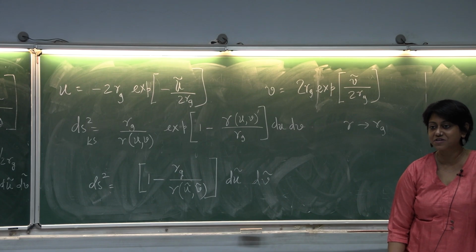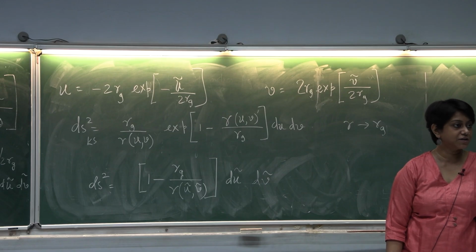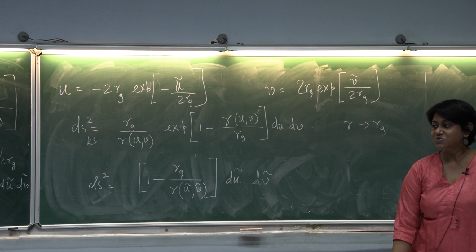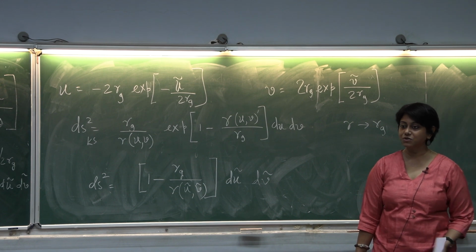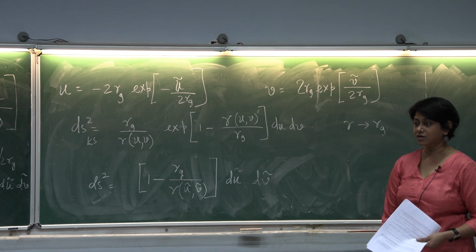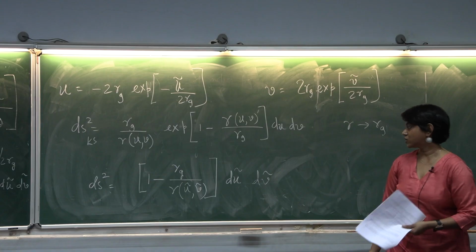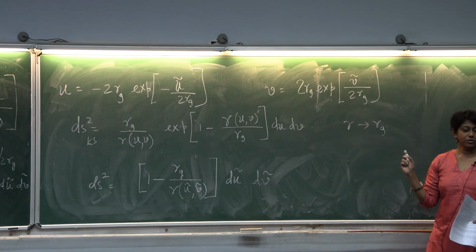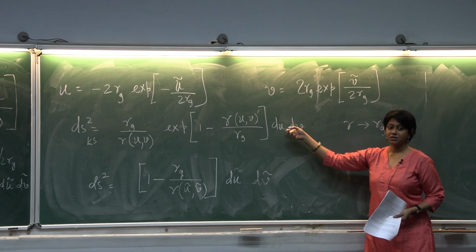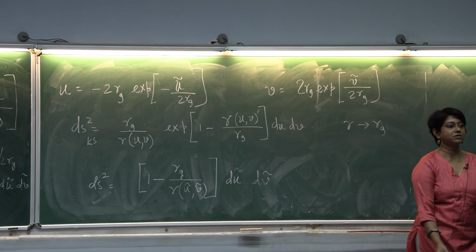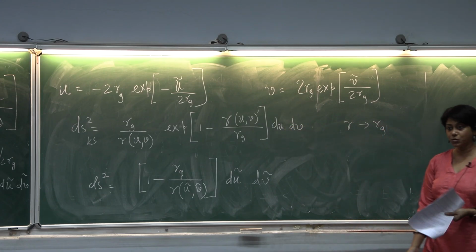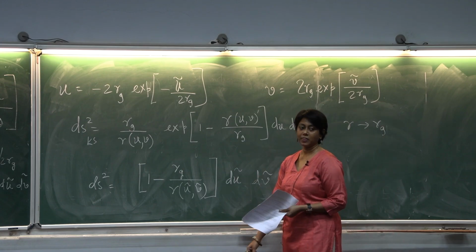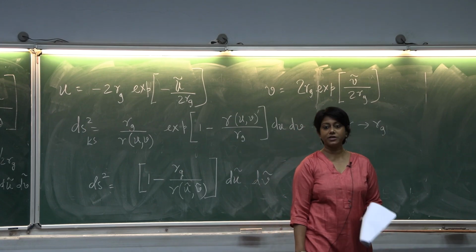If you take Minkowski flat and transform t minus r equals to u and t plus r as v, you get ds square as du dv. So basically the Kruskal-Szekeres coordinate near the horizon, you can show that it is nothing but like a Minkowski coordinate. So across the horizon it is quite a regular feature it can display, which of course the tortoise coordinate does not have.